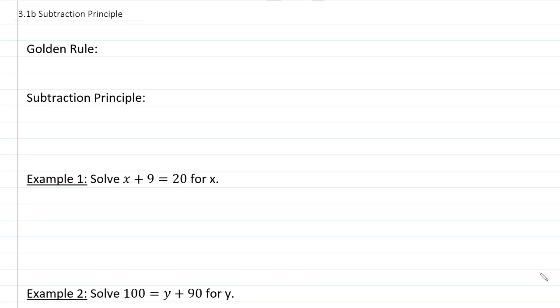3.1b, the subtraction principle. Again, the golden rule of algebra states that what we do to one side we must do to the other. So what does this mean in terms of subtraction?